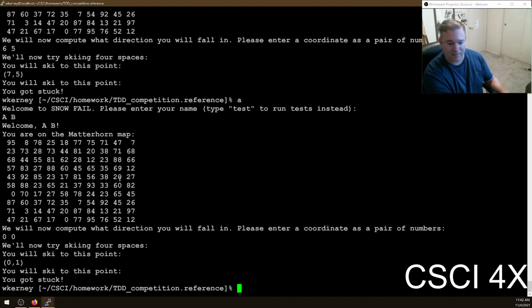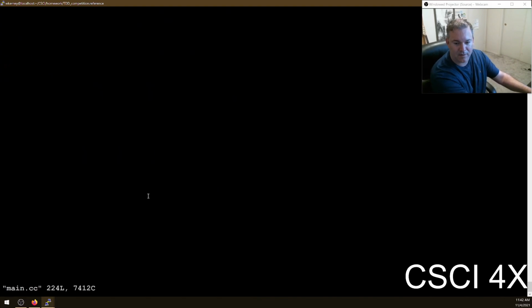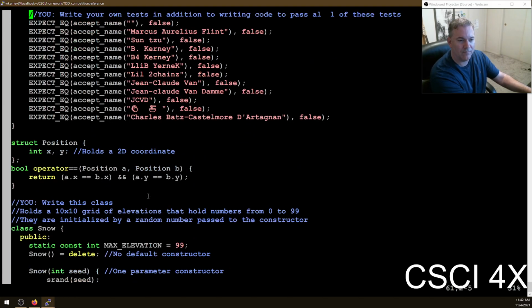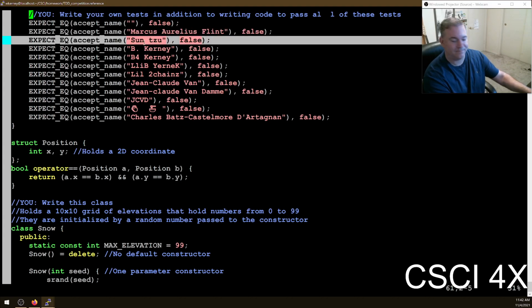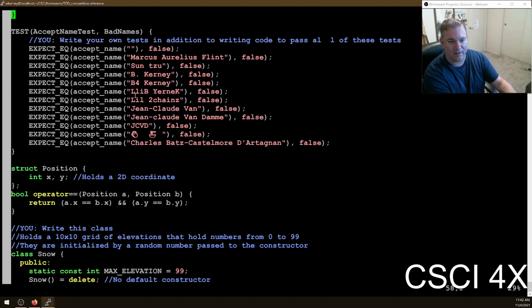Okay. And so when you run the assignment, you can type test, and it will run the gtest suite. And you have to create tests for each one of these functions. And the tests look something like this. So basically, you make a test suite like this, and you call the function.